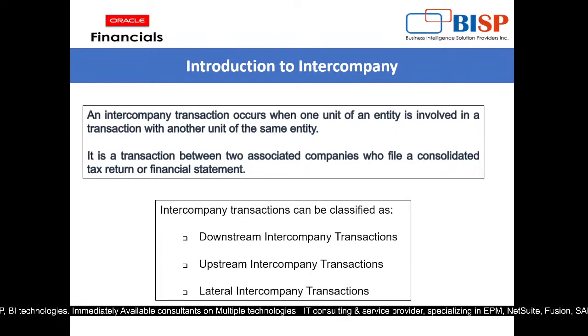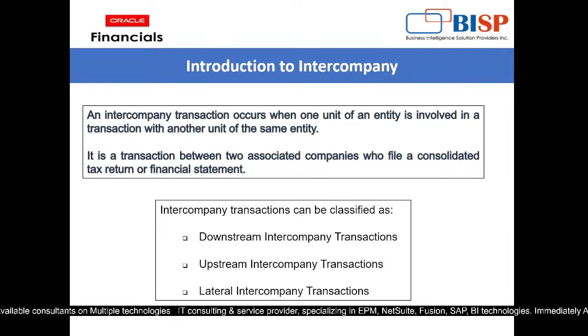These units may be a parent and a subsidiary, or two subsidiaries, two divisions, two departments of one entity. It is common for vertically integrated organizations to transfer inventory among the units of a consolidated entity.